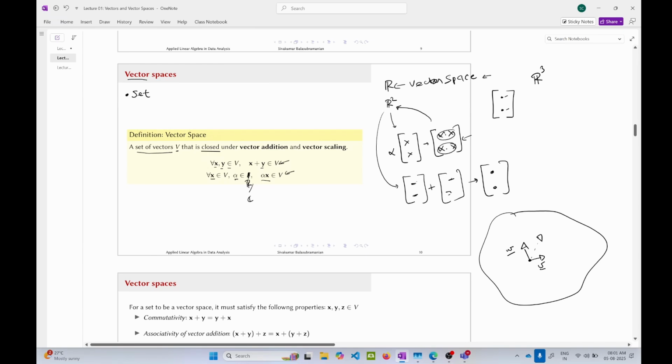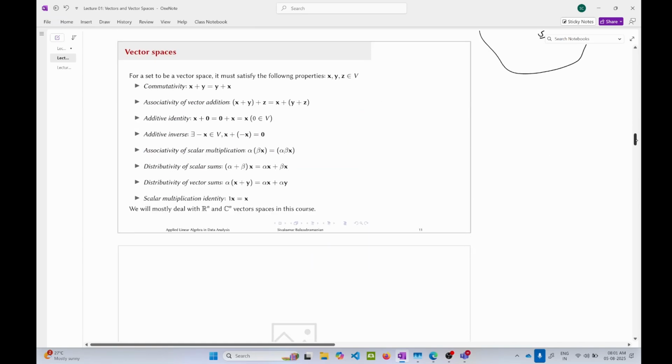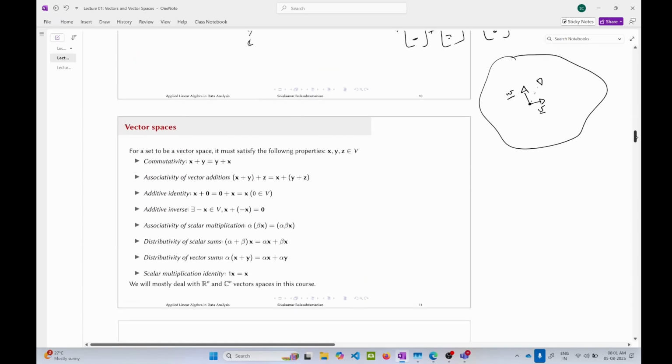By the same argument, what about R3? Same, we're simply extending it to 3. In general, Rn is in fact a vector space. There are several properties that vector spaces satisfy.